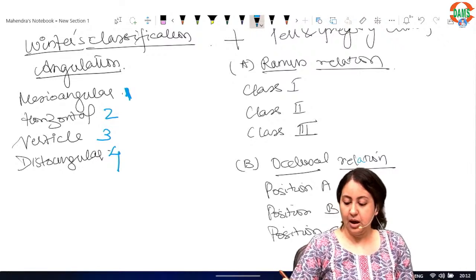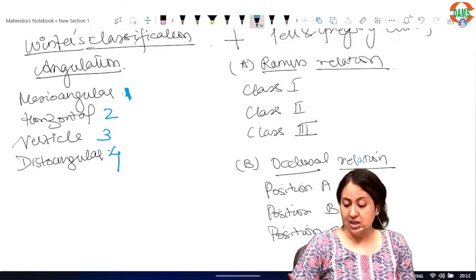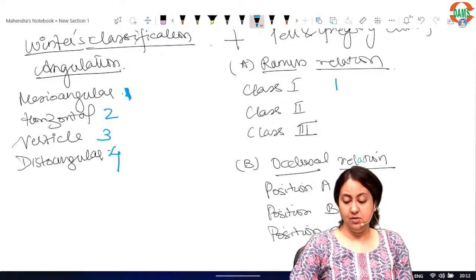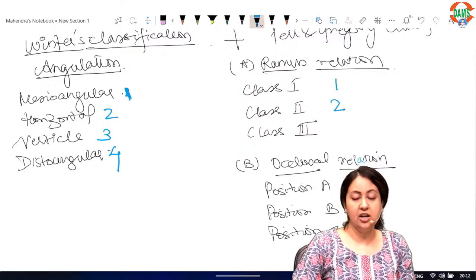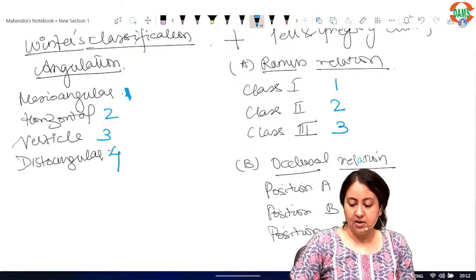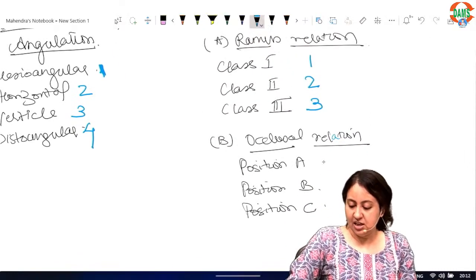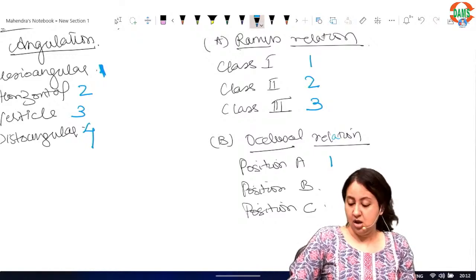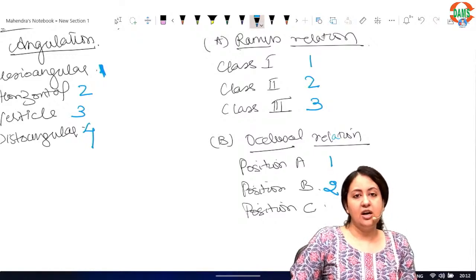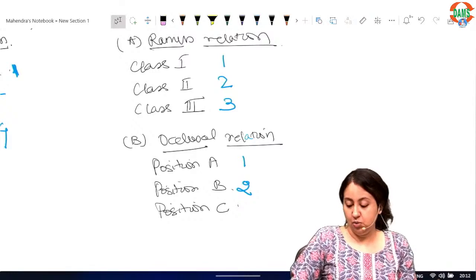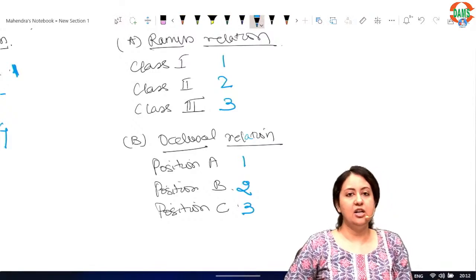Okay. Now, in Ramus relation to class 1, he gave a scoring criteria of 1. To class 2, he gave a scoring criteria of 2. And to class 3, he gave a scoring criteria of 3. Similarly, for position A, he gave a scoring criteria of 1. To position B, he gave a scoring criteria of 2, and to position C, he gave a scoring criteria of 3.